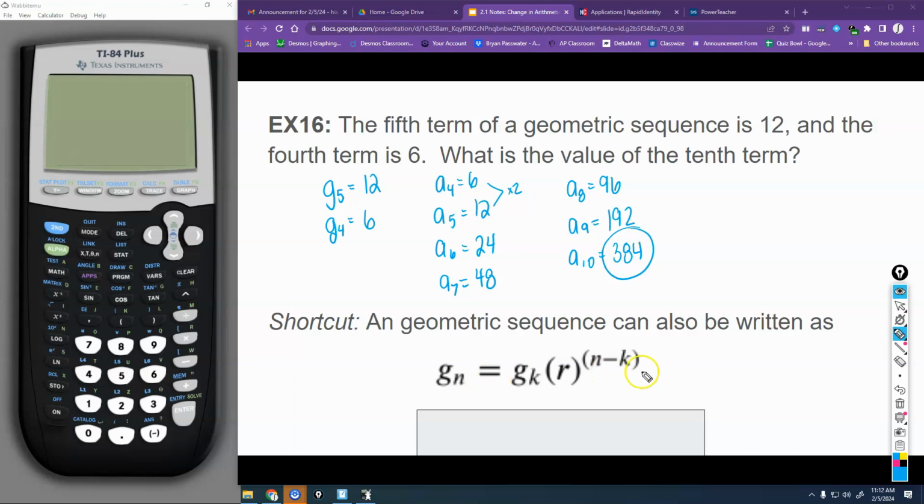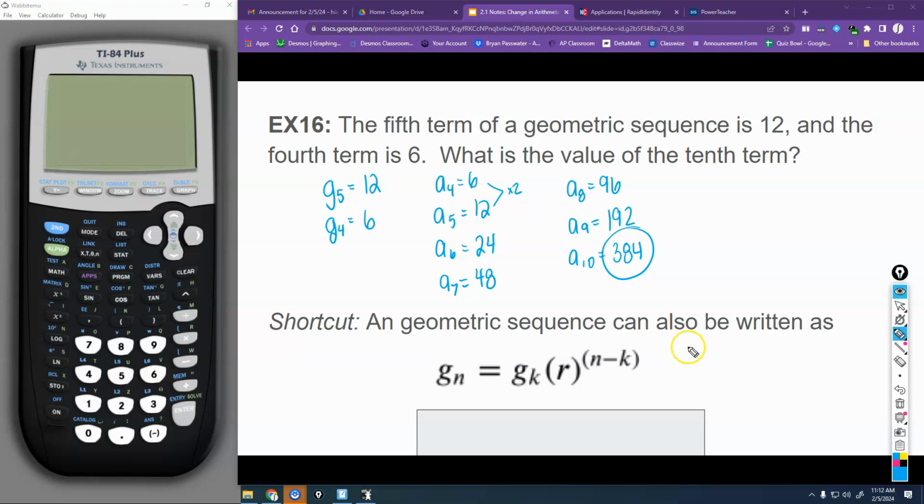So the shortcut that you can use for this, that we could have used, is G sub n equals G sub k times r to the n minus k. So let's look at what we would do for this problem if we use that.